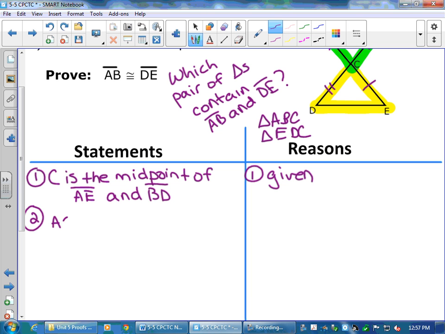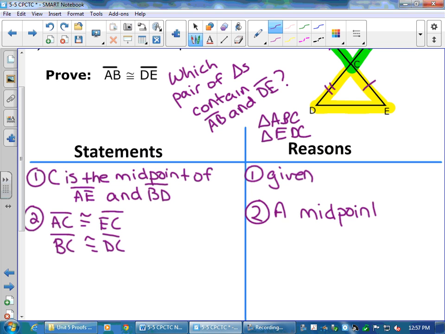You also know that BC is congruent to DC. I'm just going to write them both in step 2 because they have the same reason. A midpoint divides a segment into two congruent segments. You could write them both separately, but then you'd have to write this reason twice.